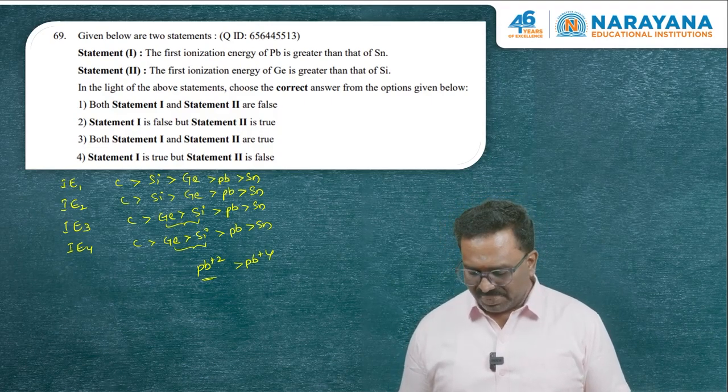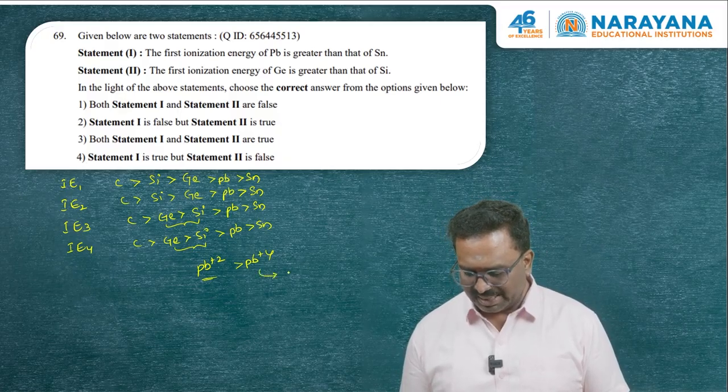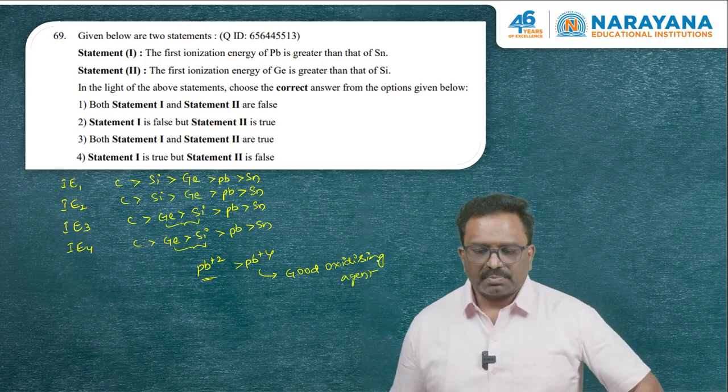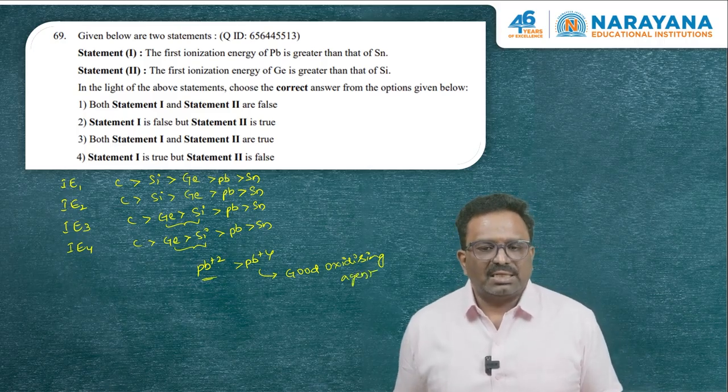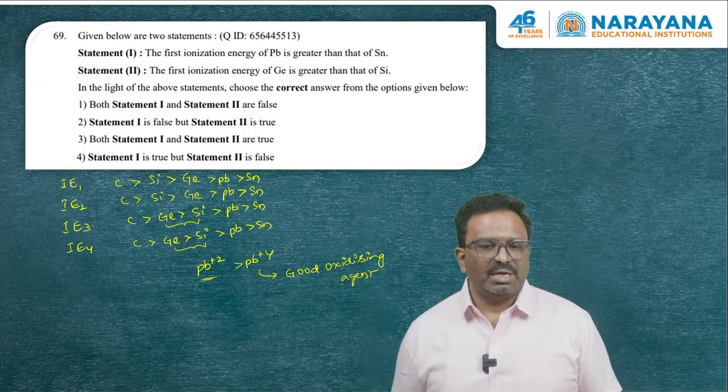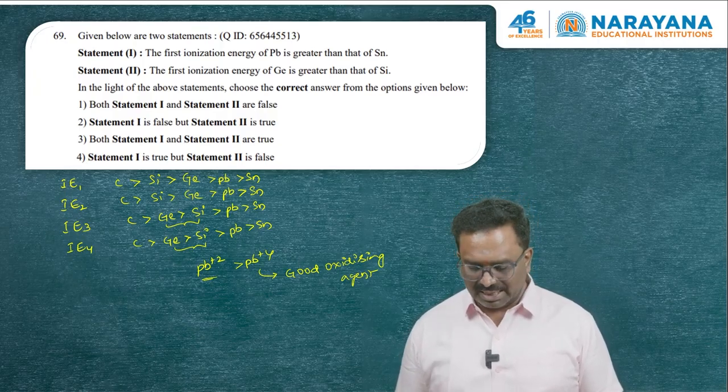Because of that, the Pb4+ state acts as a very good oxidizing agent because it is unstable in the +4 state, due to lanthanide contraction consequences, the poor shielding effect of inner 4f electrons.